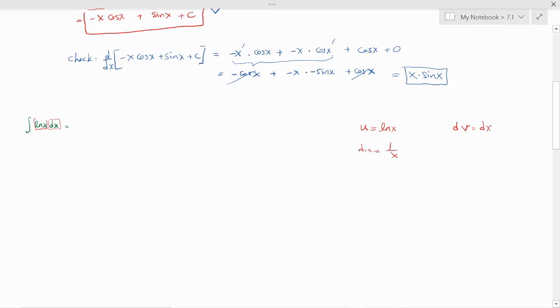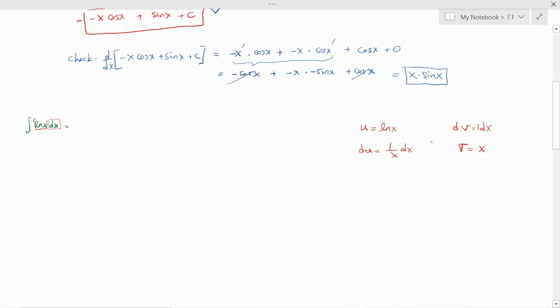I kind of fast-tracked it in the last example. We can multiply that dx and write it on the other side. So du equals 1 over x dx, the derivative of ln x. The integral on the other side, the integral of dv will give us v. The integral of dx would be simply x, right? This is 1. You can say the integral of 1 would be x.